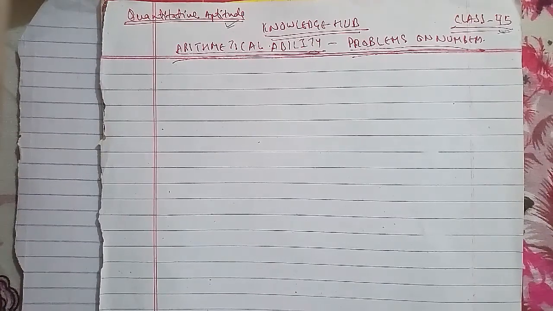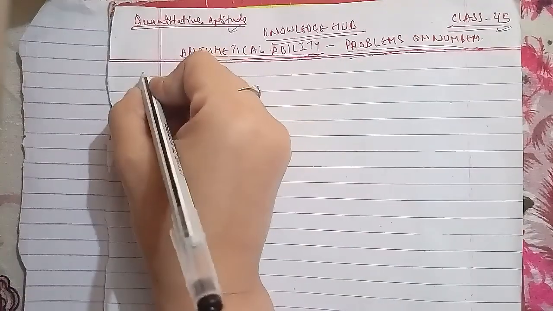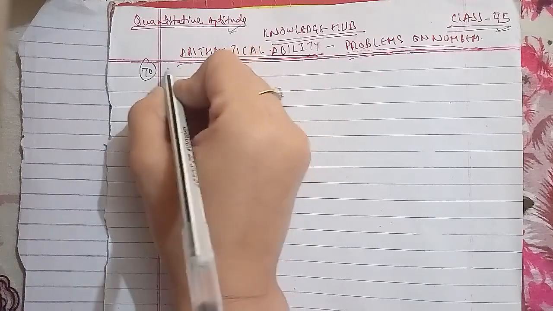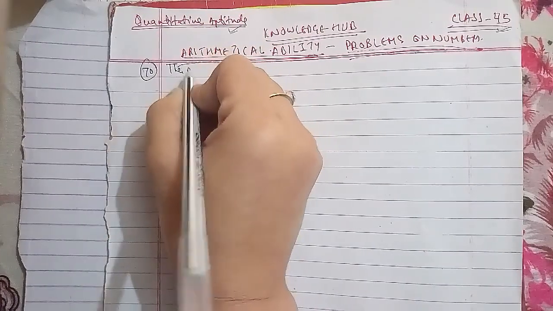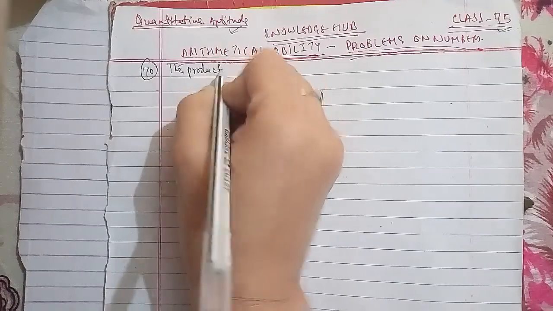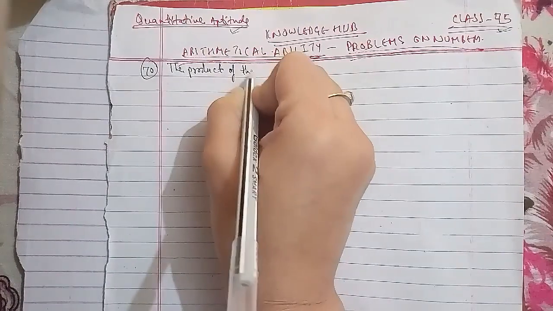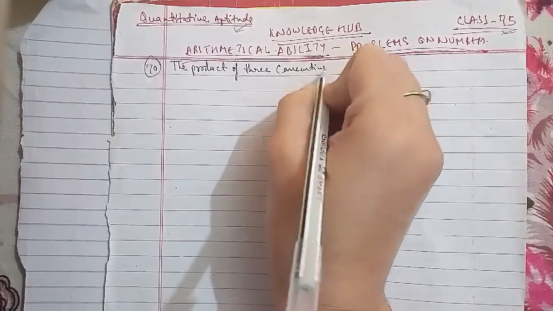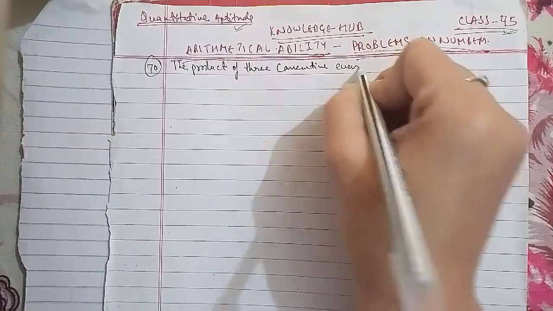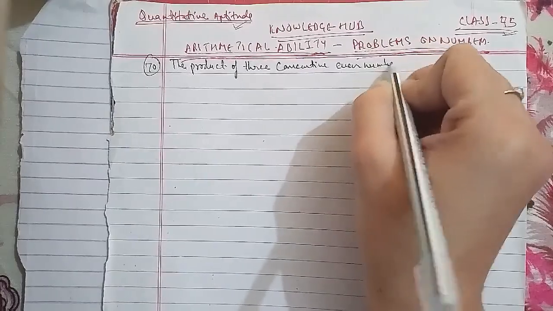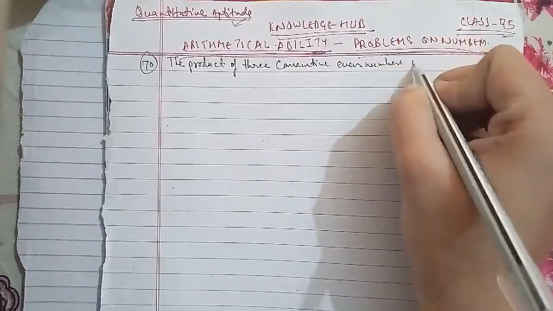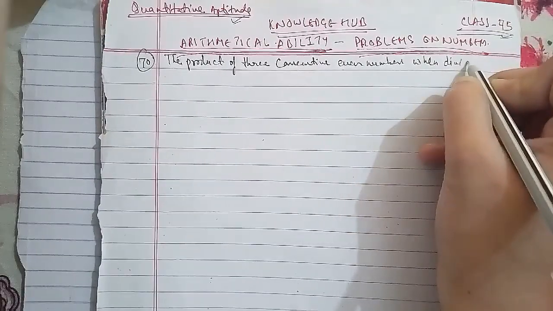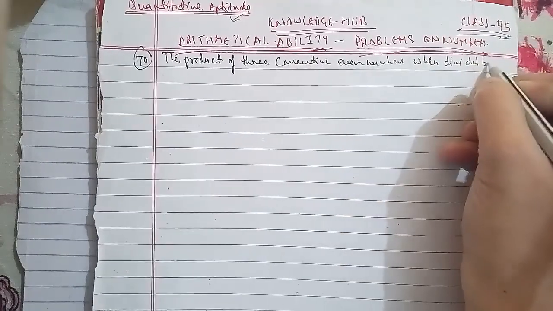For the 70th question, we will go ahead. The question is: the product of three consecutive even numbers when divided by 8 is 720.